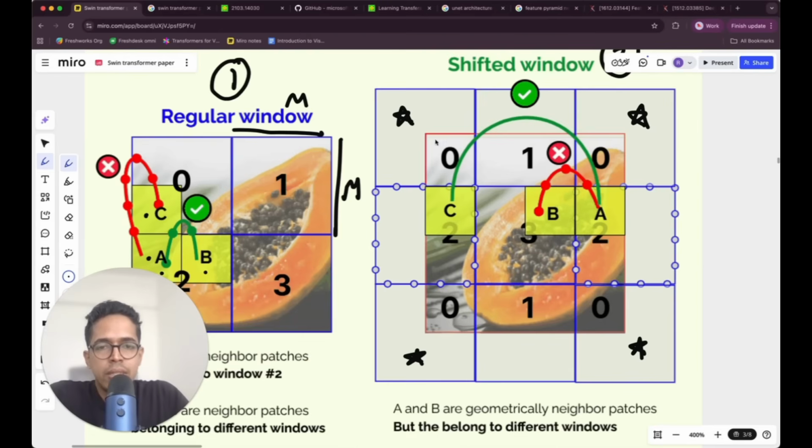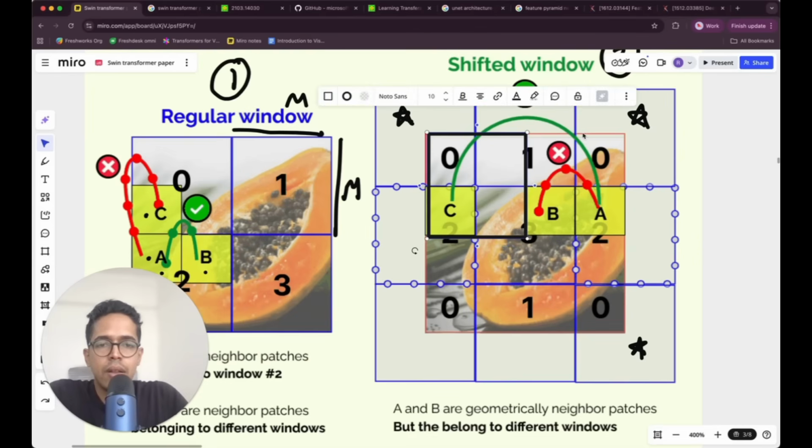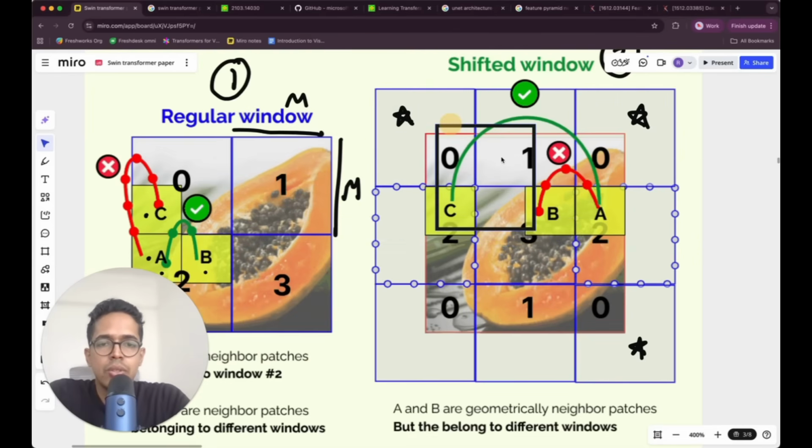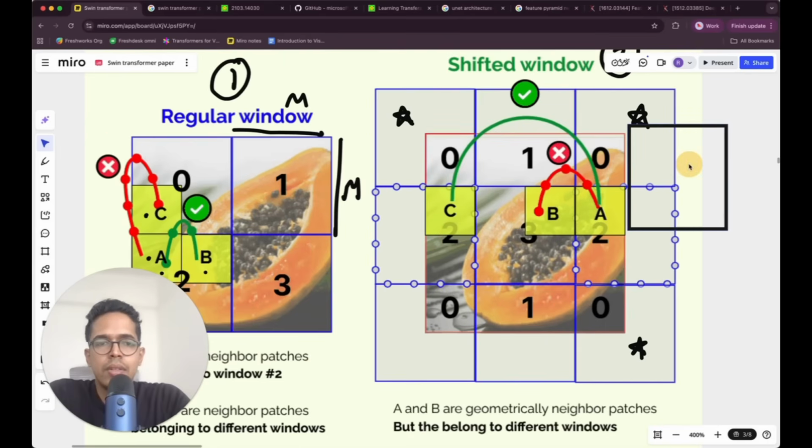Because originally this window was over here, actually let me take a square, that way I can draw it here. Originally that window was over here, and I am shifting this window like this to here. So the window that was originally here is being shifted here, right? So when something is going out of the image, something is going out to the left, you imagine it comes back from the right, like a cyclic shift.